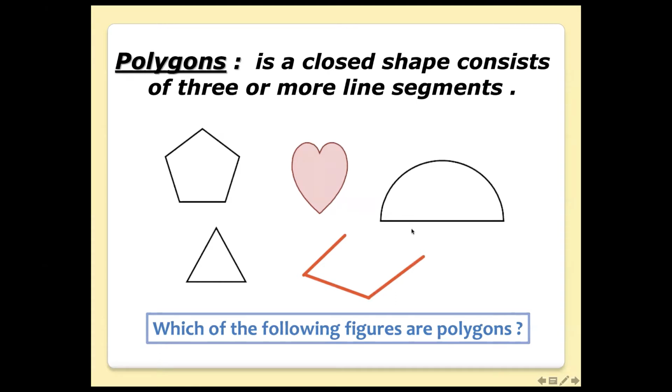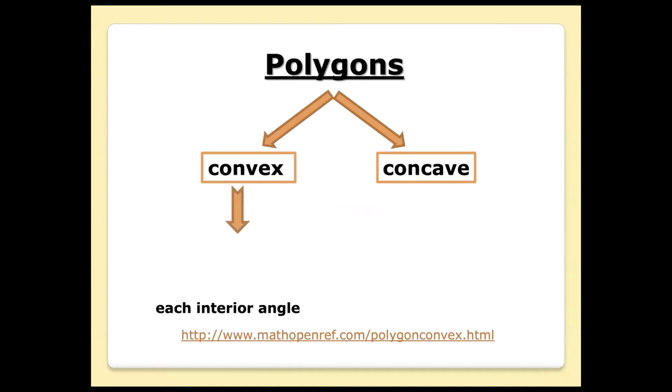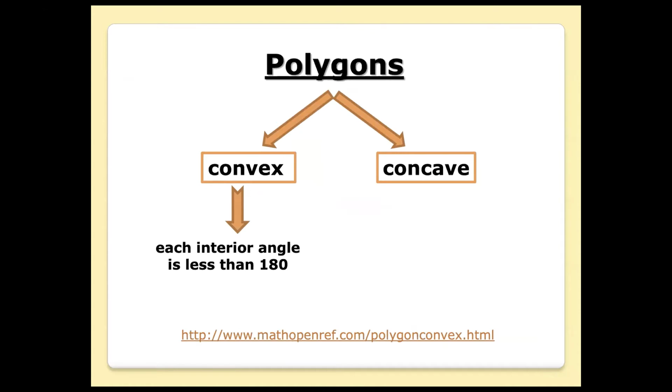Okay, the next one. Polygons are divided into 2 groups: convex and concave. In a convex polygon, each interior angle is less than 180, as we studied before.